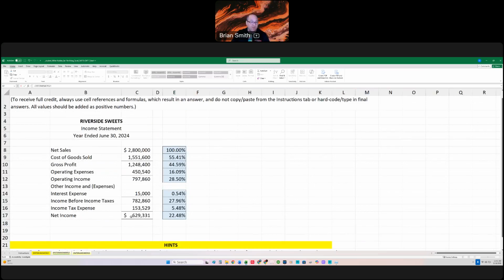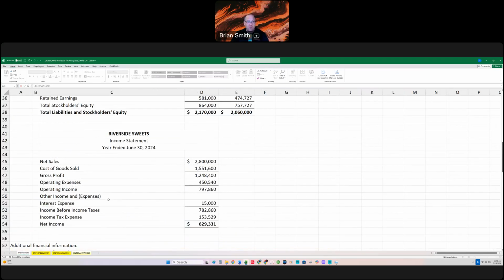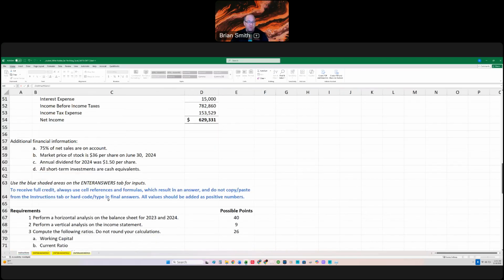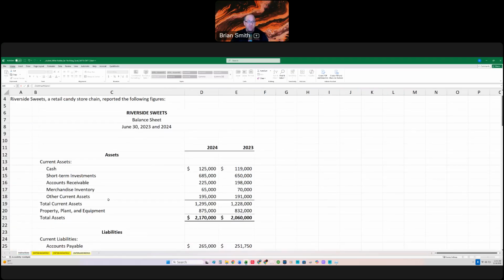Oh, net credit sales. So we have net sales here, but I wonder if we're supposed to be referencing this first instructions page. That's going to be a pain if that's the case. I think they want us.